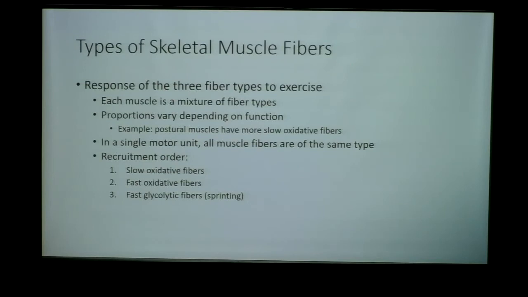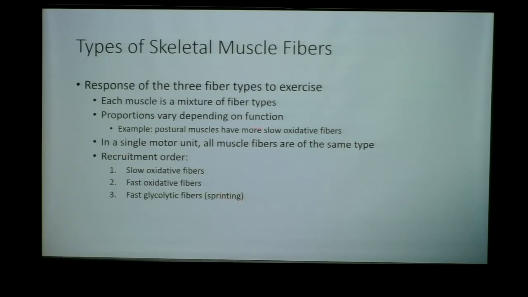They're going to have to contract over a long period of time, more of a slow, steady, sustained contraction. Again, think about that long distance runner. His muscles are conditioned this way, right? That slow oxidative fiber is more prominent in those muscles. Whereas again, a heavy lifter or a sprinter has his muscles conditioned to more of that fast glycolytic fiber, okay?